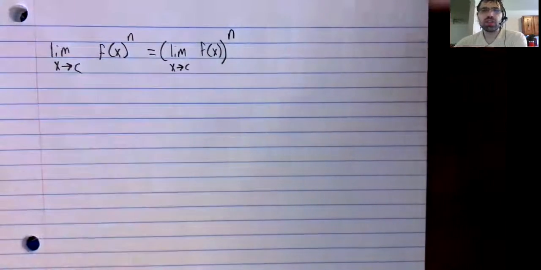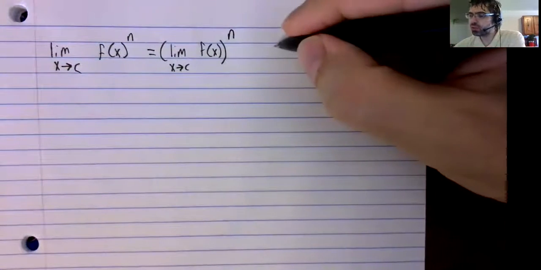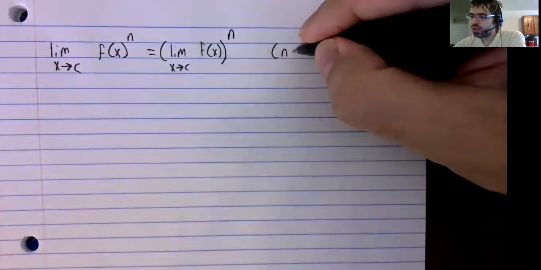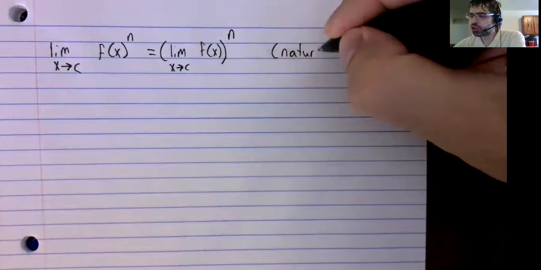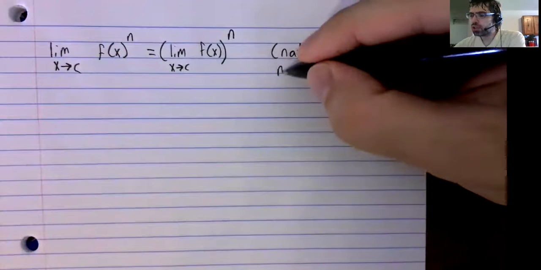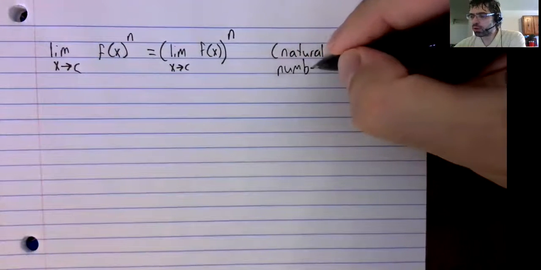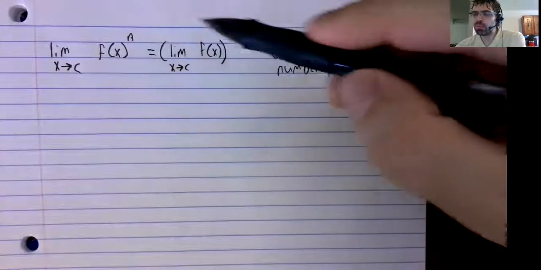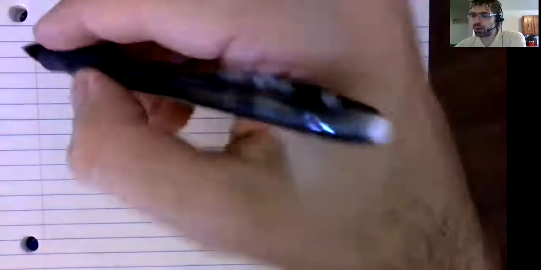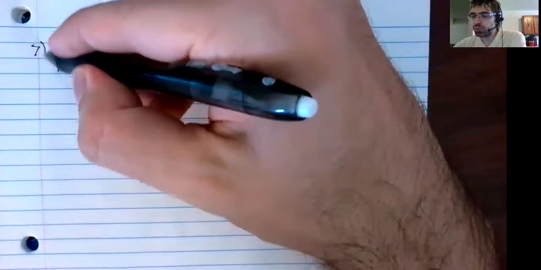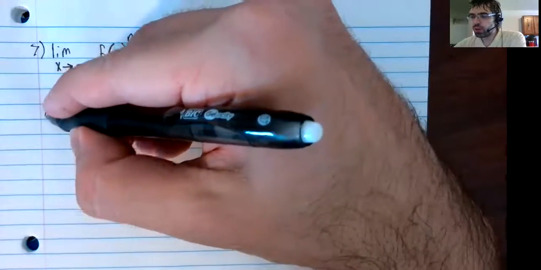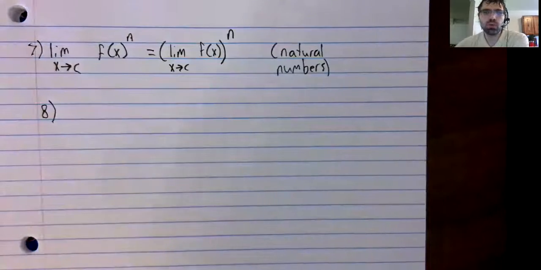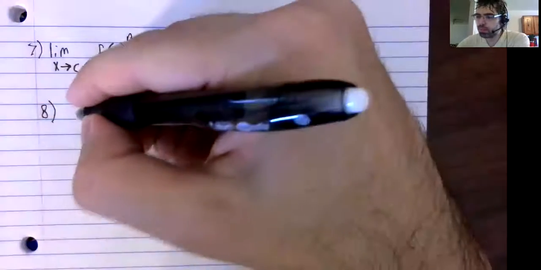The textbook states this rule for natural numbers, I mean natural numbers in the power. It's true for other numbers, like for rational or irrational numbers.